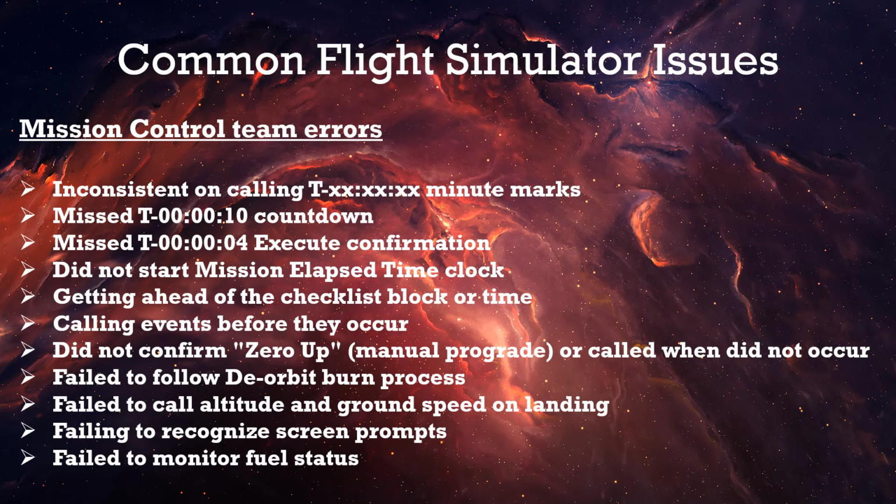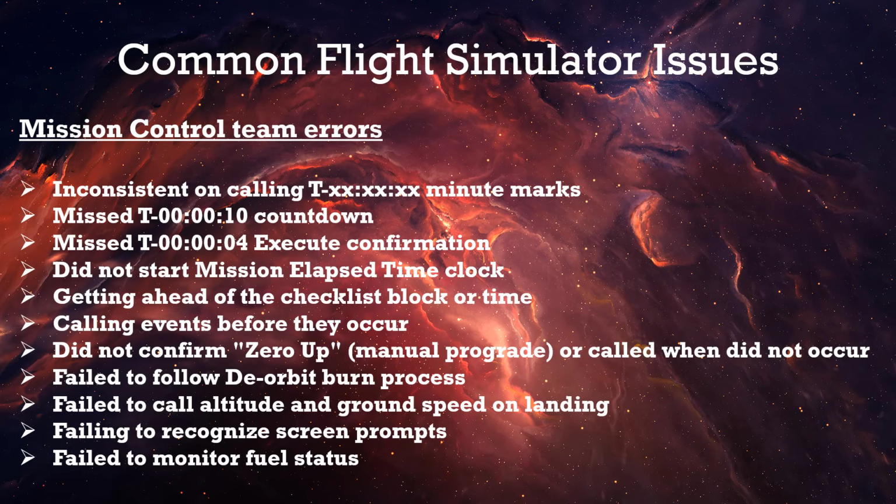Now I want to turn to some common problems that Mission Control may encounter. First thing is being inconsistent on calling the T-minus minute marks, and in addition, the T-plus minute marks. As I said before, at one point after MECO and after the OMS burn, you'll see the time goes from a specific time to mission dependent.